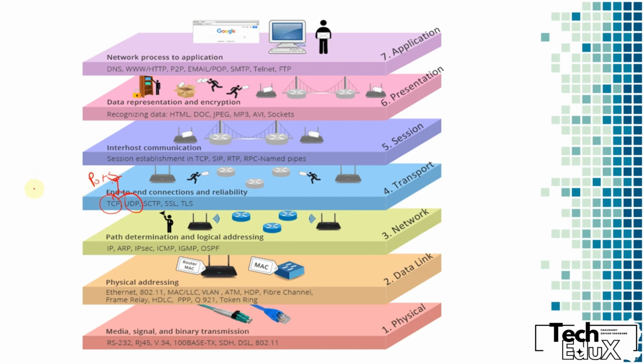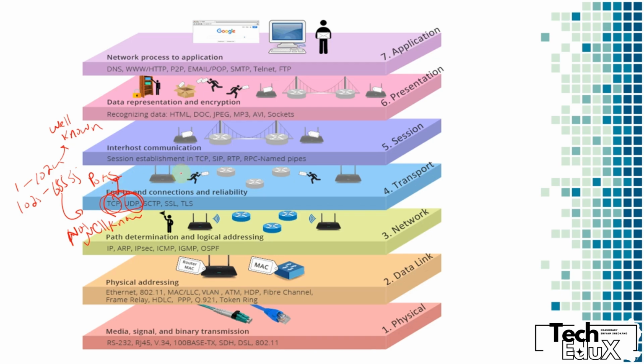By the way, we have ports 1 to 1024, which are well-known ports, and then 1025 to 65535, which are not well-known ports, or random ports. Why do we need these ports? We will talk about it briefly in the next section, but just bear with me. In the transport layer, we will be talking about TCP and UDP along with the ports.